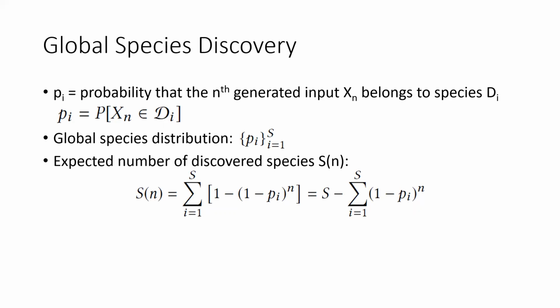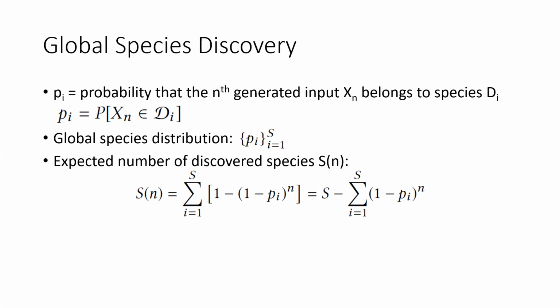I think I can help to explain this. PI is the probability to find one specific species. So 1 minus PI is the probability that you don't find this species, and you sample it n times.